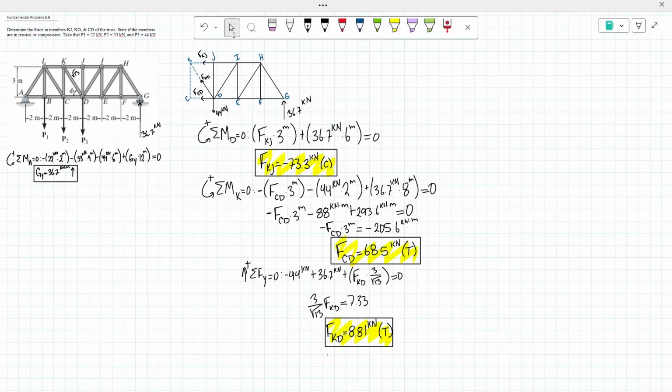I drew out the right side of the truss, and then I started taking the sum of the moments about a point where two members would join, and that way I'd be able to solve for the other member. We did that for 2 points, and then, since our force KD was at an angle, we know that we could either take the sum of the forces in the y or the x direction, since it has both a horizontal and vertical component to it.